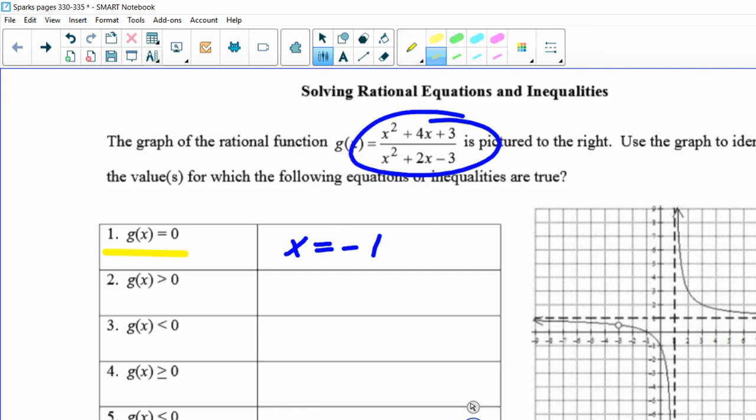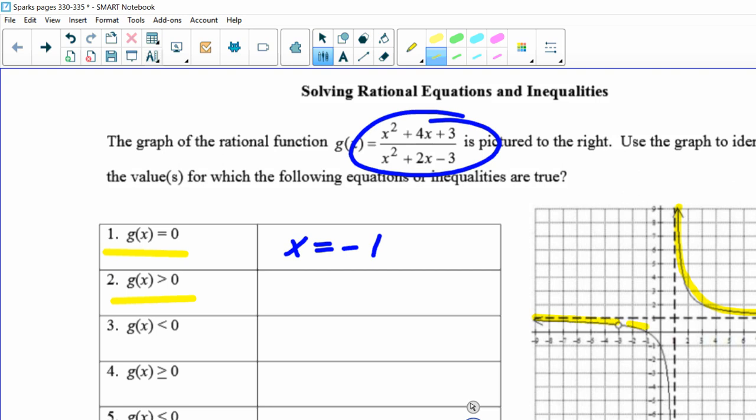What about this one? What does it mean graphically for g of x to be positive? Your graph's above the x-axis. Well, let's see, where's this graph above the x-axis? There. And there.